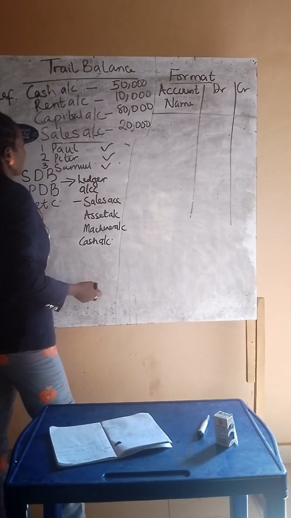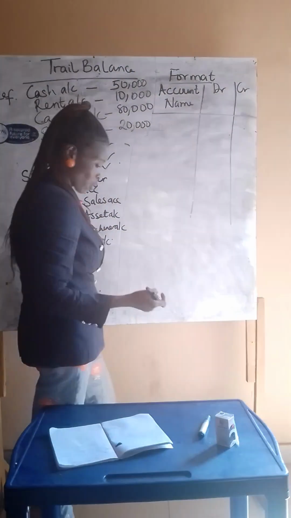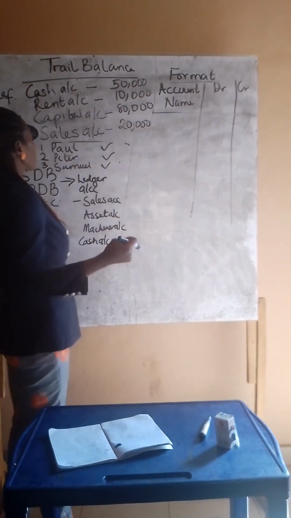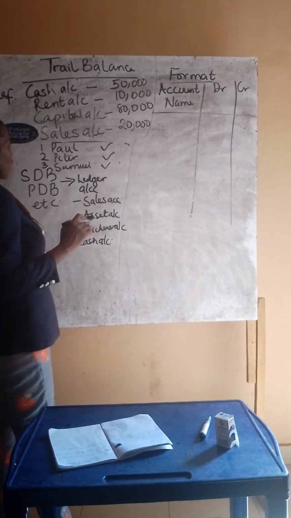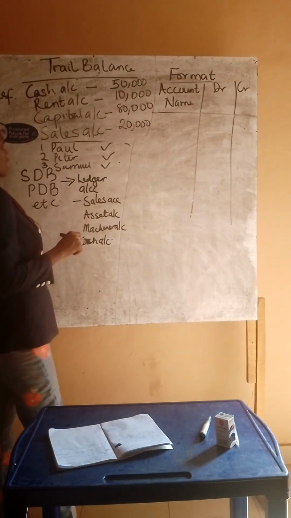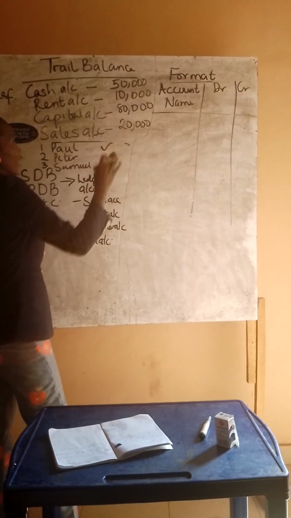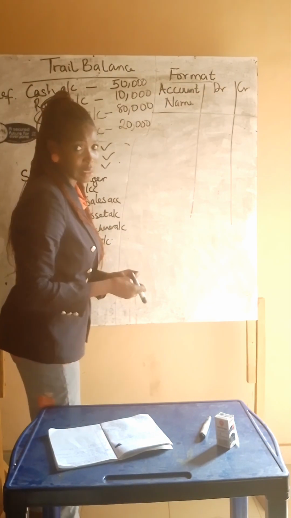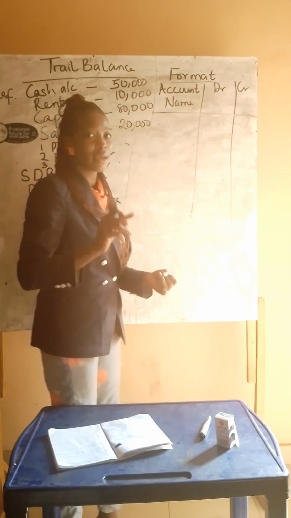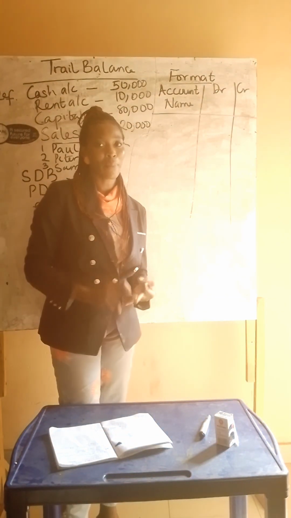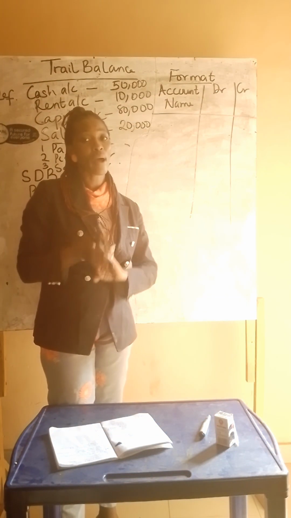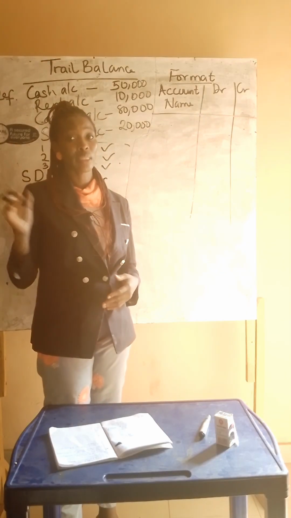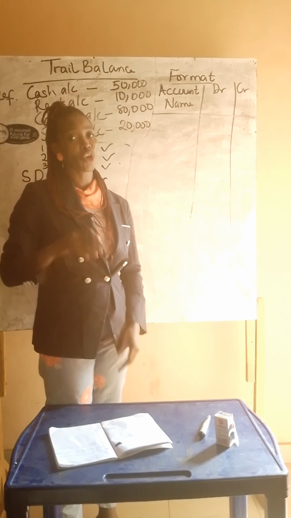Now, remember that we have rules in accounting, rules that guide our posting. Based on our rules, capital account is going to have a credit balance because it is equity. Liability, income, and capital account are credit balances. So the balancing figure is going to be on the credit side.